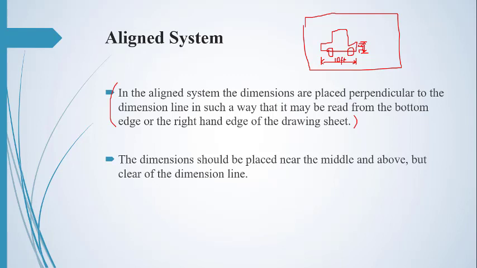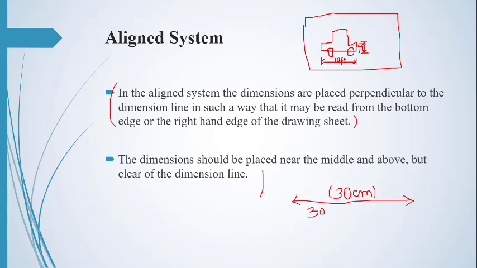The dimension should be placed near the middle and above, but clear of the dimension line. This statement clarifies that if we want to write any dimension for any object, the dimension should be given above, like this one, 3 centimeter, and must be in the center, like here that I have written, not like this one.